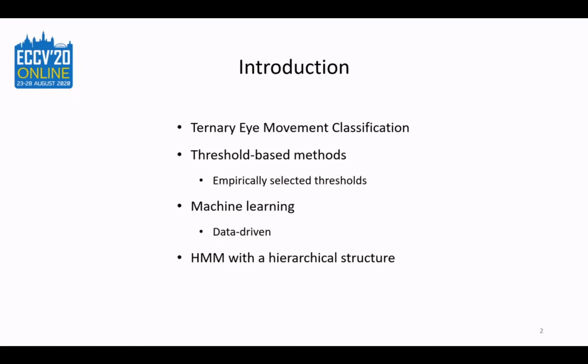One fundamental research topic in eye tracking is to identify different types of eye movements. In this work, we tackle the problem of ternary eye movement classification, which aims to separate fixations, saccades, and smooth pursuits from the raw eye positional data.